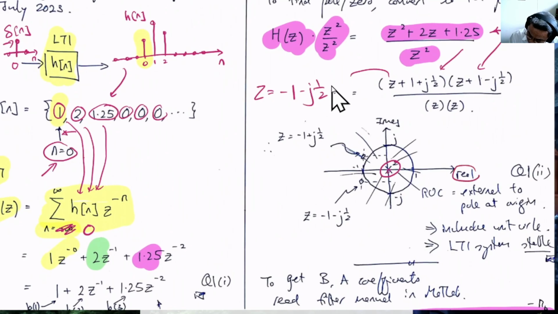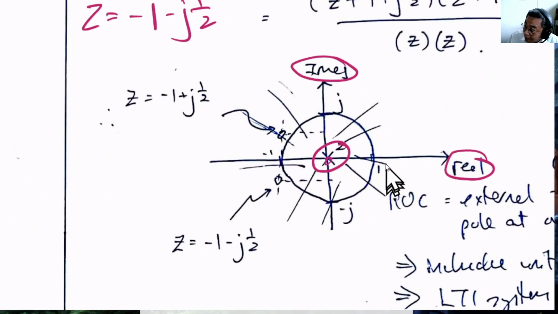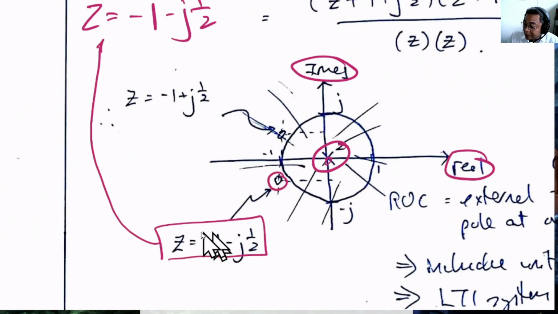So what you do is draw the real axis and the imaginary axis, and then draw a unit circle. A unit circle means a circle of radius 1. Along the real line, this is 1, this is j, this is minus 1, and this is minus j. We call it the unit circle. Now we put z equals minus 1 minus j/2. So you move to minus 1 here and minus j/2. This is the zero of one of the factors in the numerator.